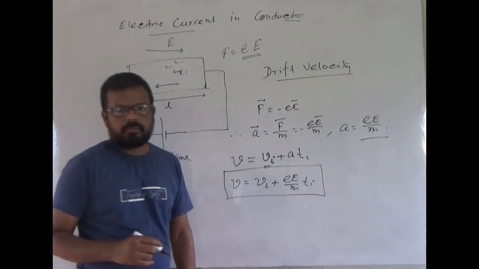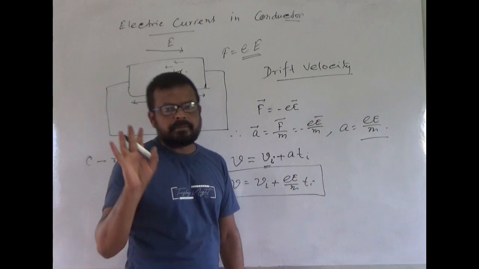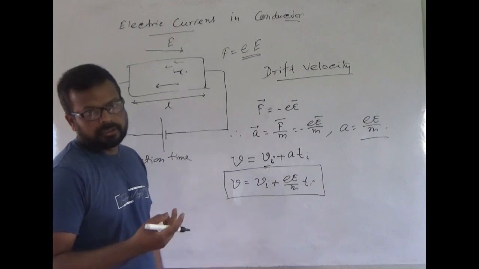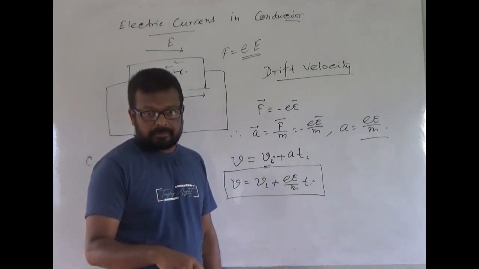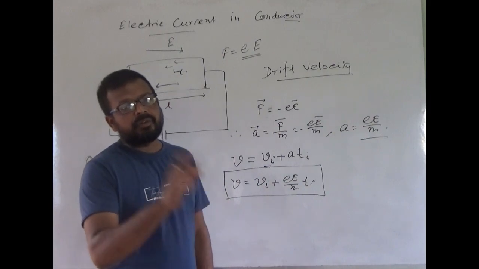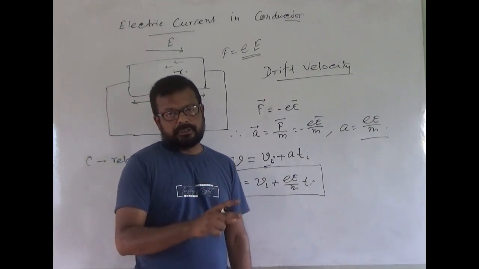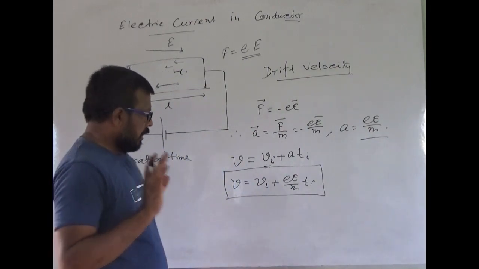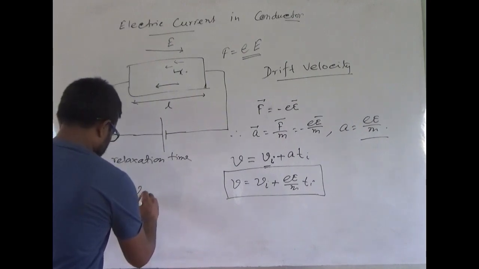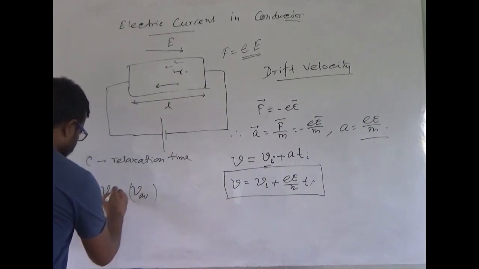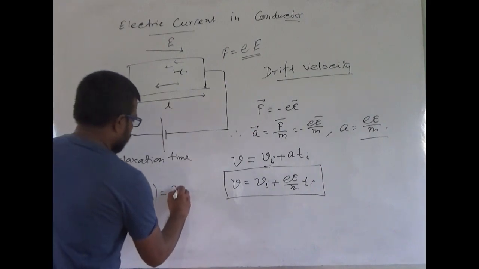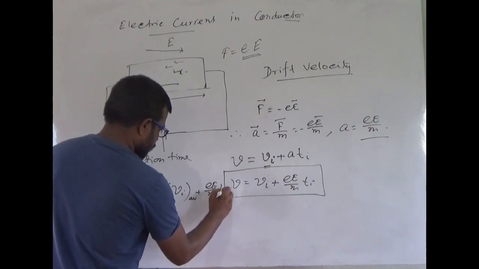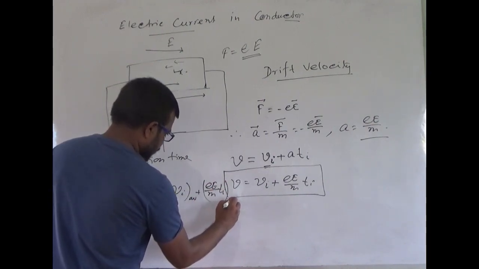Now there is a very large number of free electrons inside the material, so you have to calculate these velocities for every electron and then take the average. That average velocity is the drift velocity. Now V average, that is the drift velocity, will be equal to Vi average plus eE by m into Ti average.